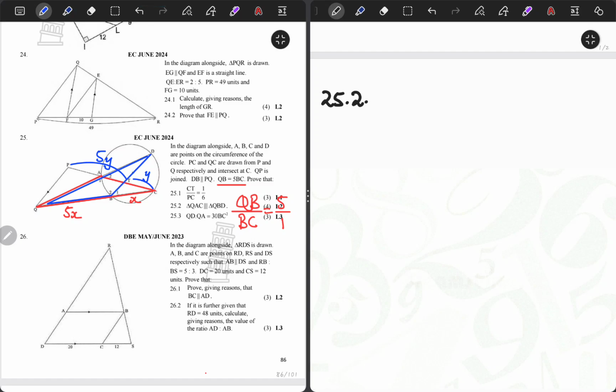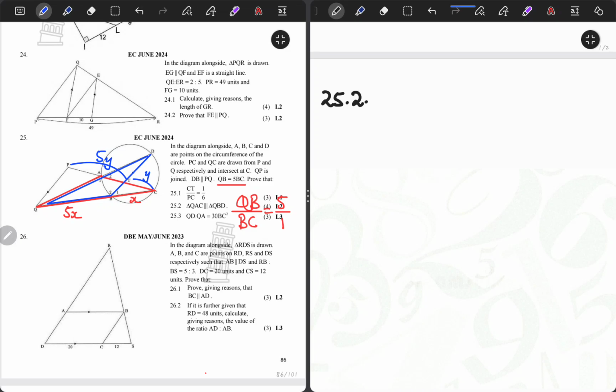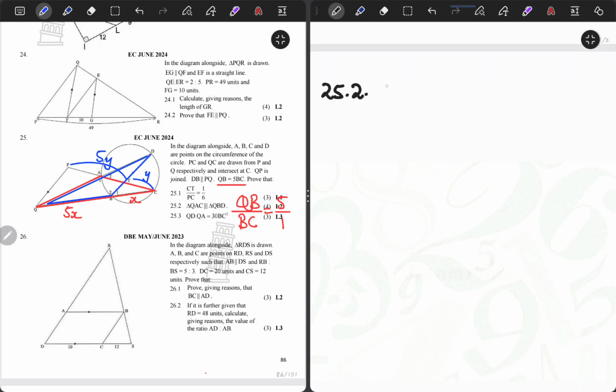Then what can we do? We can see that Q is common, but we can as well specify. So let's say angle Q is common.